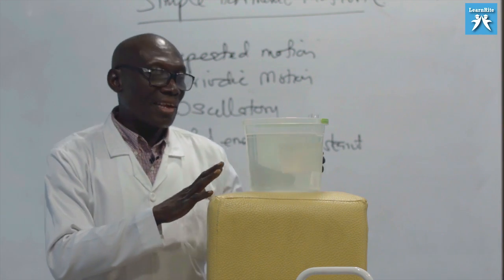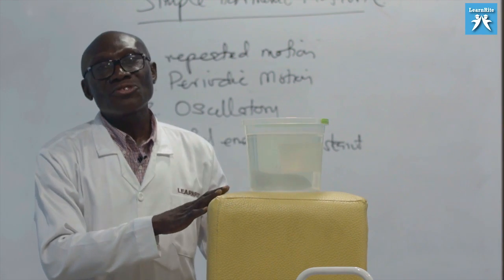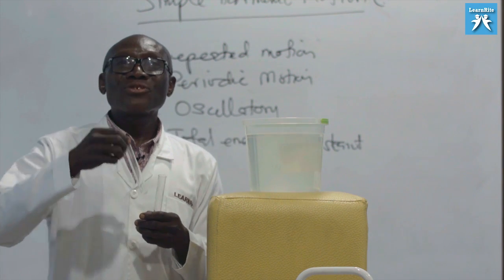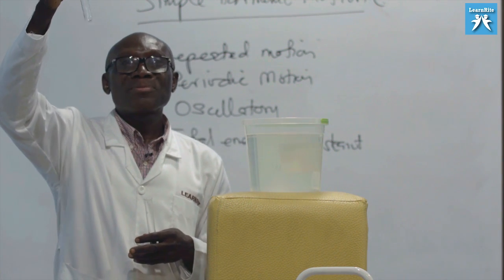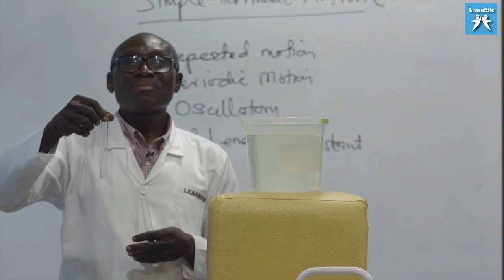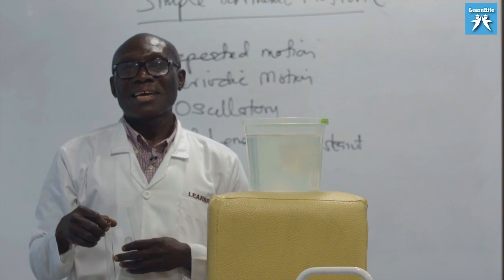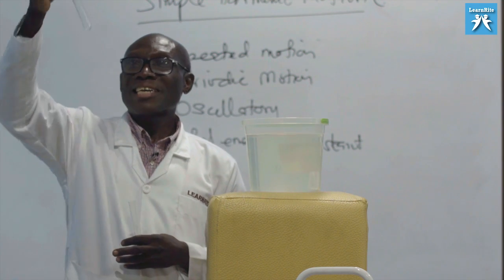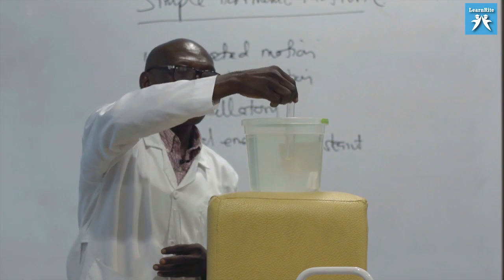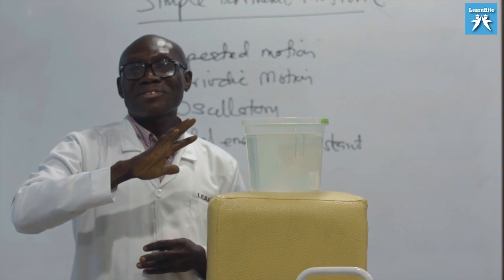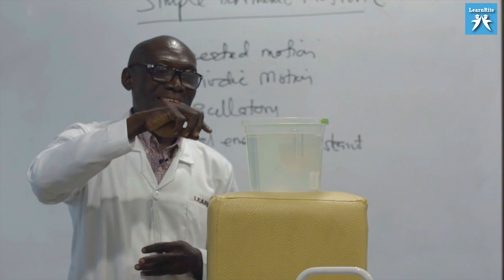This is the last example that we want to demonstrate in this studio. I have a test tube, an empty test tube. I want this test tube to stand upright in this water. But watch it, an empty test tube. If I leave it, it falls, and water gets into it.